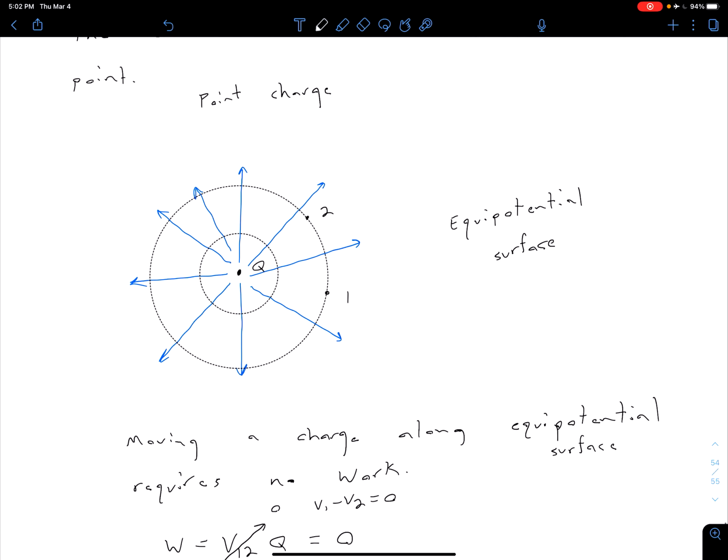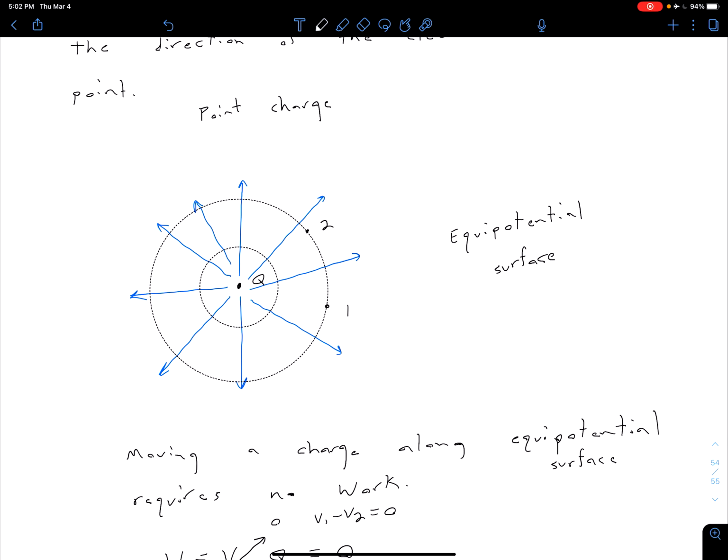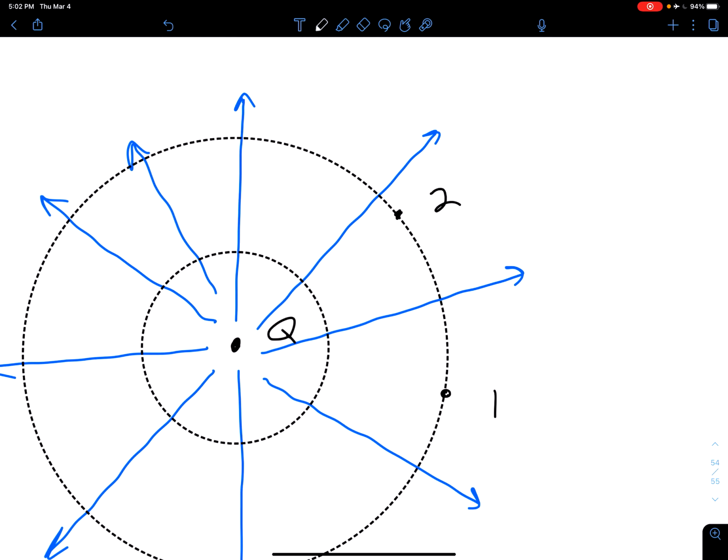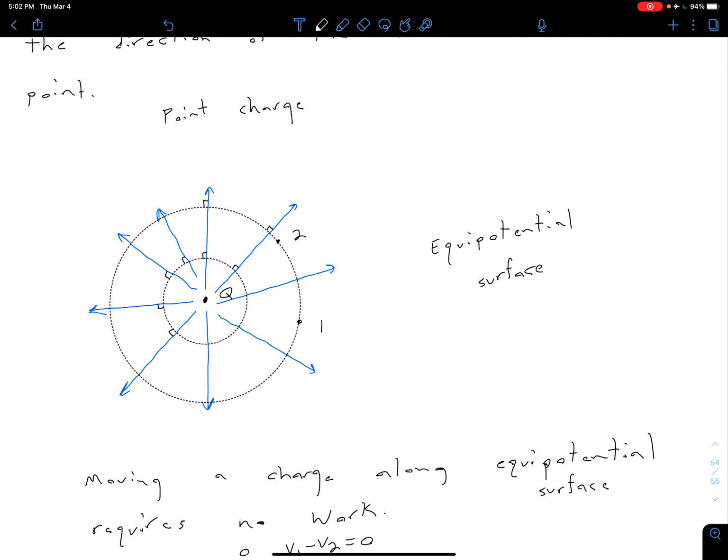We can see, if I've done a good job drawing it up here for our point charge, that any one of these equipotential surfaces should be normal to the electric flux lines passing through it. So all of these should be normal. That one I drew a little poorly, but for the most part I didn't do too bad of a job drawing that.